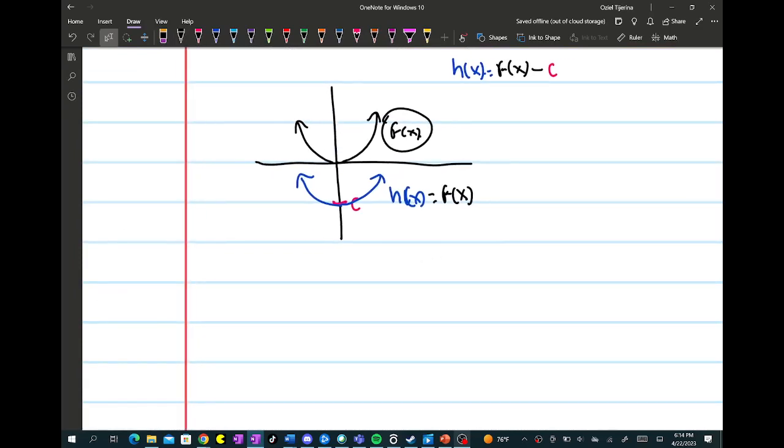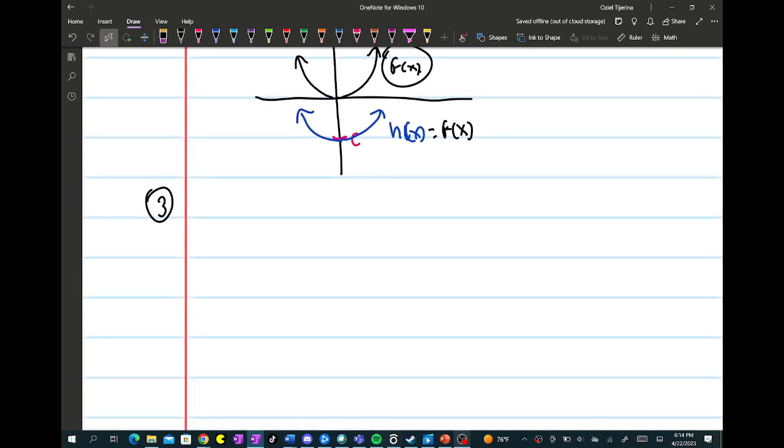And now there's a third one that is a little more difficult to kind of grasp. So basically we have, again, let's say a function f of x, right?